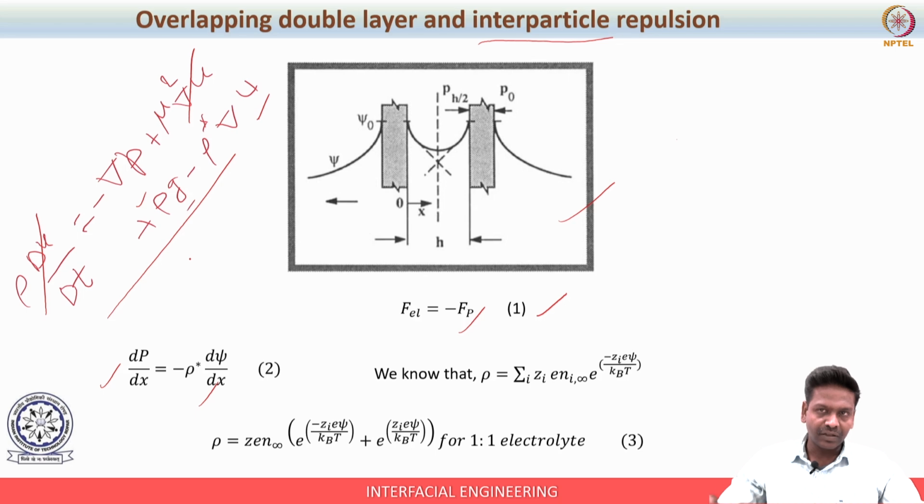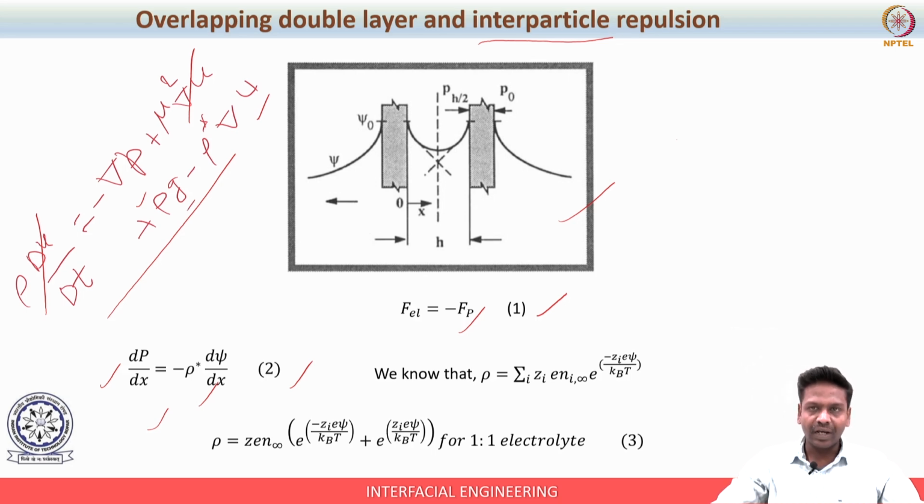By simplifying in this way, you get the equation given in equation number 2, dp by dx equals minus rho star d psi by dx. This is going to be our governing equation for this problem. So what is this pressure? The pressure here is the osmotic pressure.